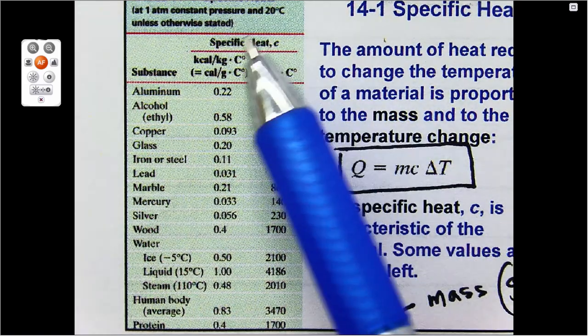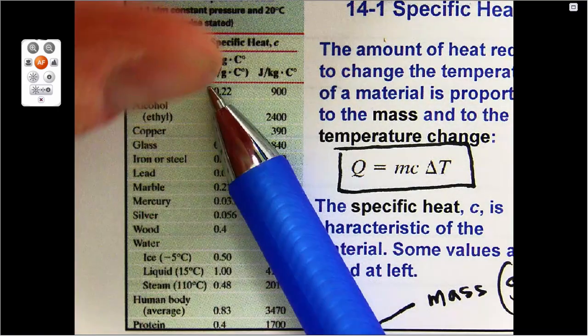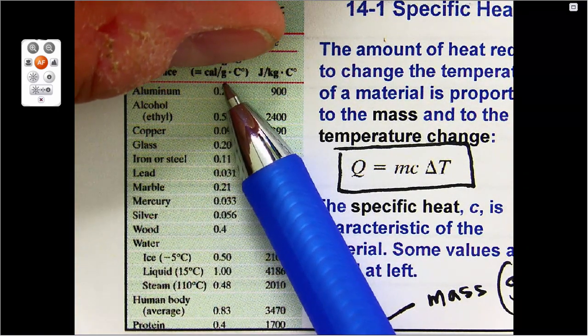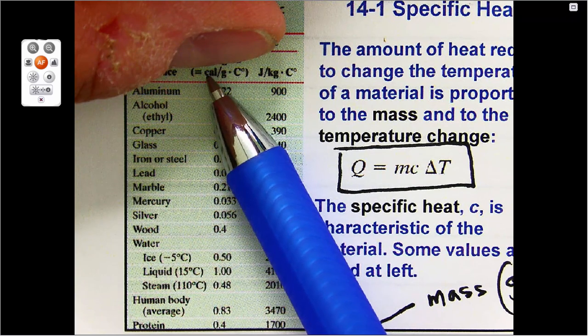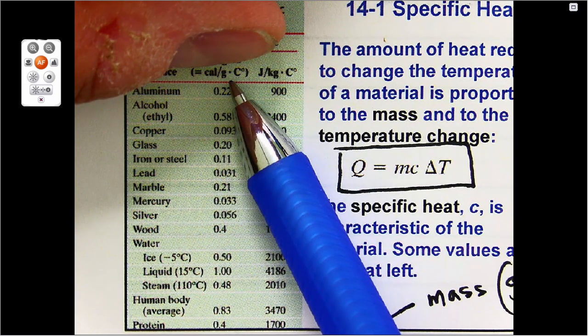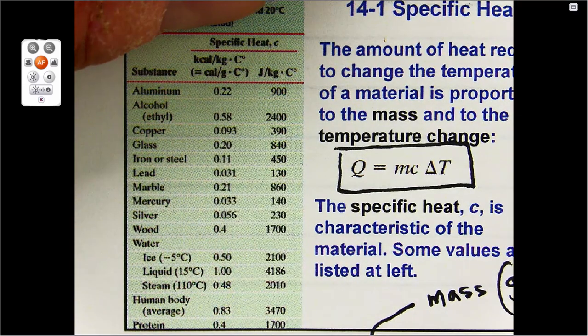It's the same value, because if you take this, let's talk about this right here first. If this is calories and grams, if you multiply top and bottom by 1,000 over 1,000, 1,000 calories would be 1 kilocalorie, and 1,000 grams down below would be 1 kilogram. So kilocalories per kilogram would be the same number.